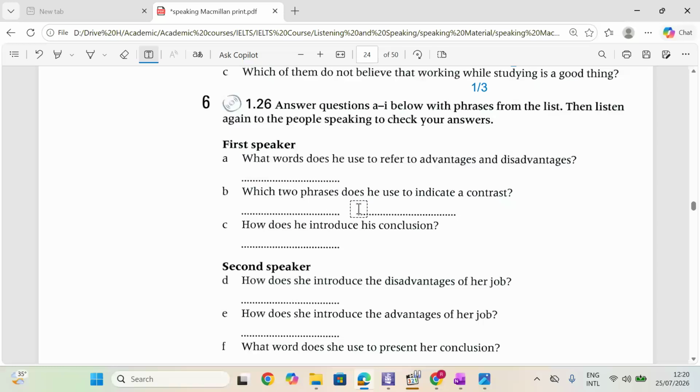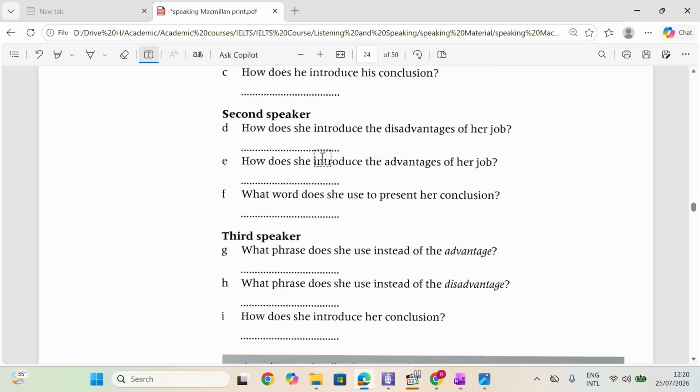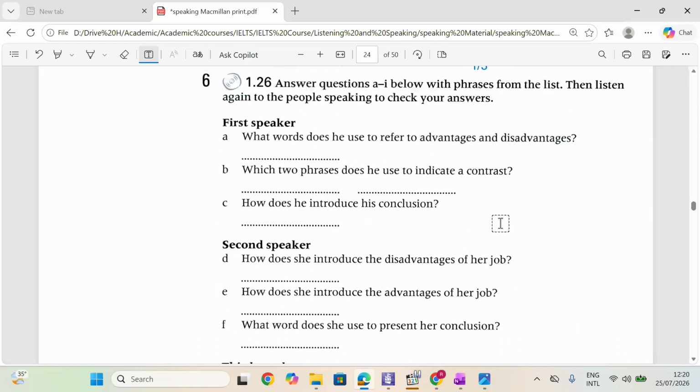Which 2 phrases does he use to indicate a contrast? What was that? Two phrases. How does he introduce his conclusion? When he came to the conclusion, how did he start it? For the second speaker, how does... Okay, let's do the first speaker first. Let's do them one by one.